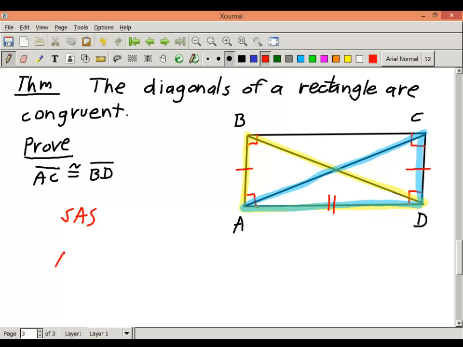We can say that segment AC is congruent to segment BD by CPCTC. Corresponding parts of congruent triangles are congruent. Those two diagonals of the rectangle are also hypotenuses of the two colored triangles, which we proved to be congruent. And so those two hypotenuses must be congruent, which are the diagonals of that rectangle.